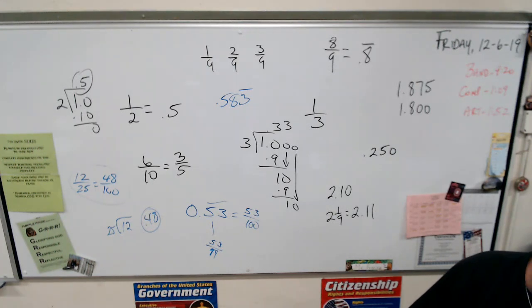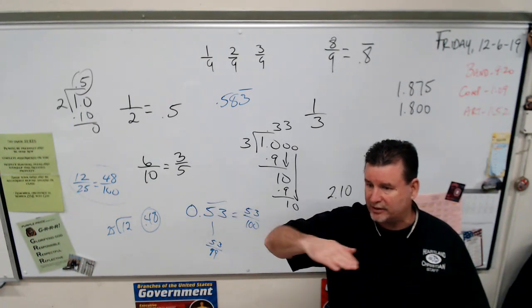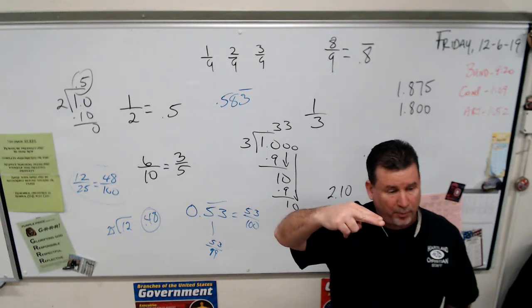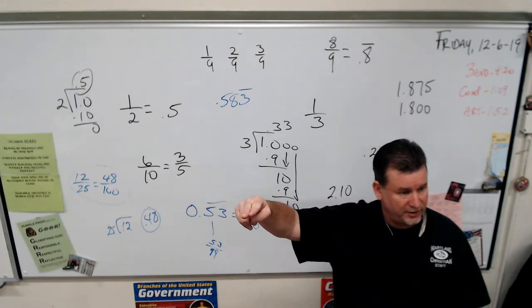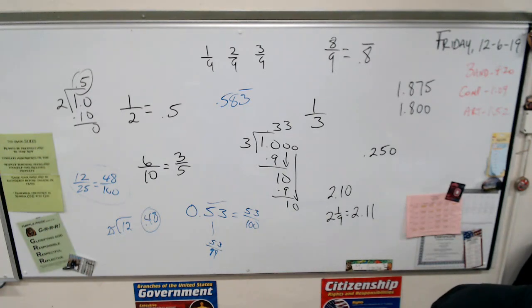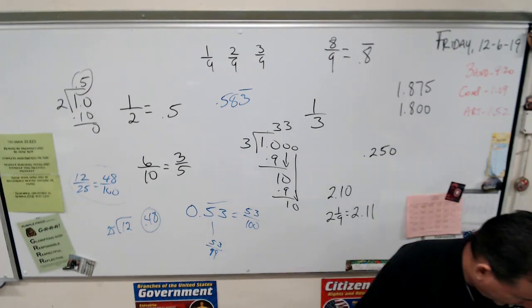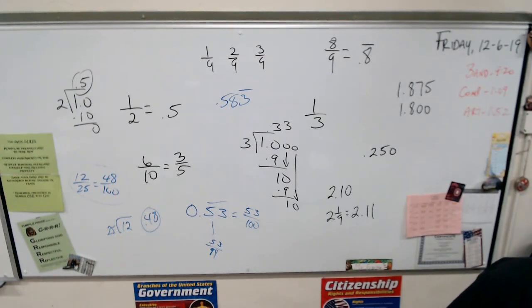Number 23, negative 14.63636363, the 63 repeats. Both, you got to put your bar over both digits. Everybody got that? Number 24, negative 0.424242, so the bar is over the 4 and the 2.